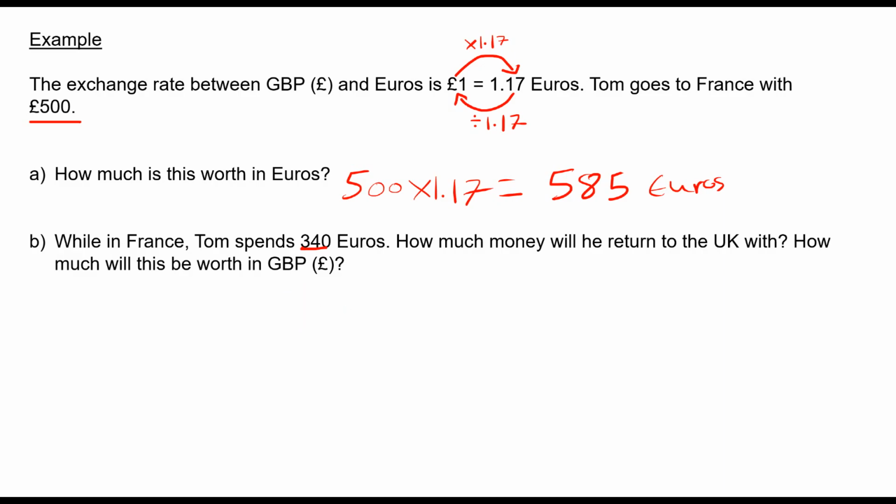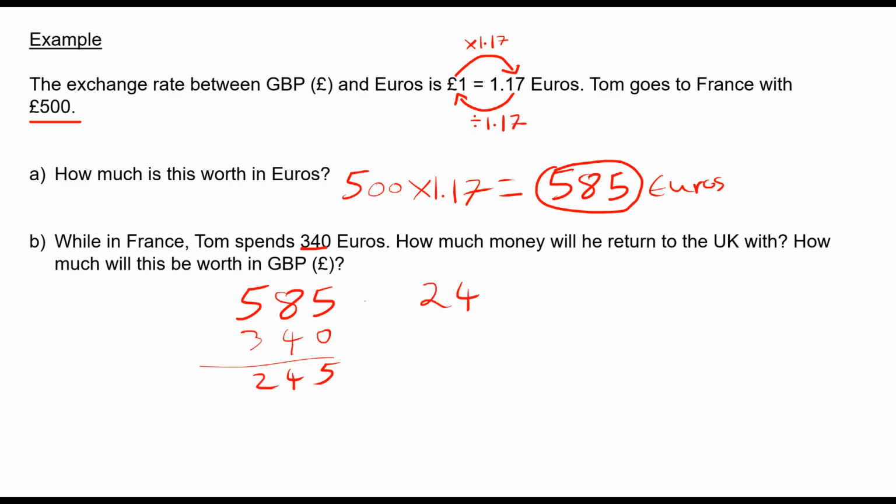First of all, he goes to France with £500, which was 585 euros. If he spends 340 euros, let's check how much he has left. So we just need to subtract the two. So he will have 245 euros left.